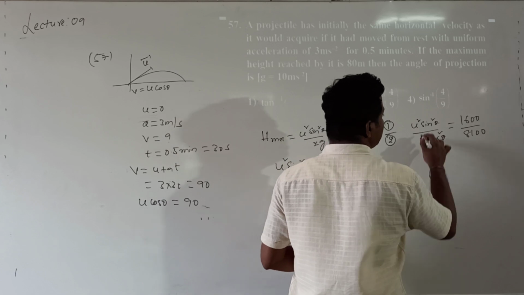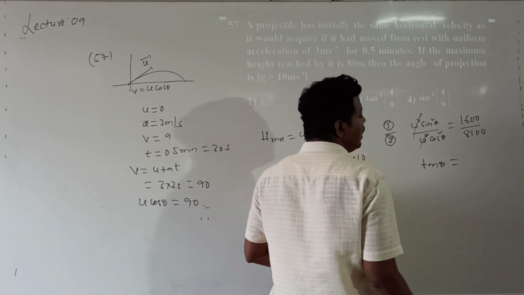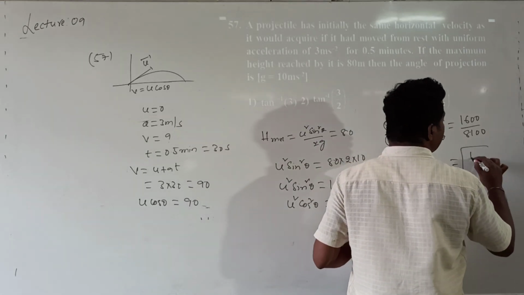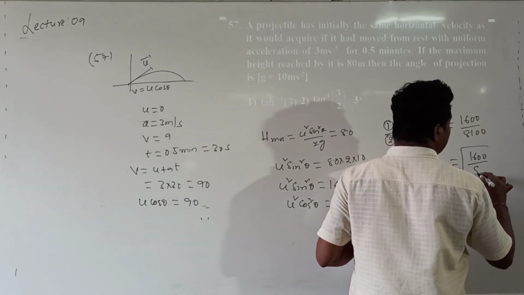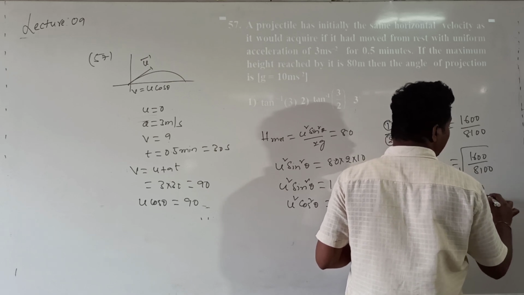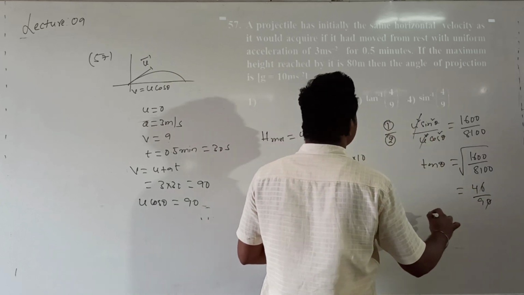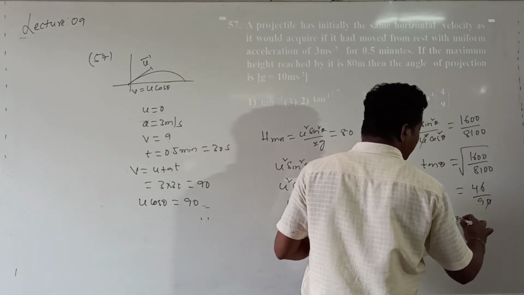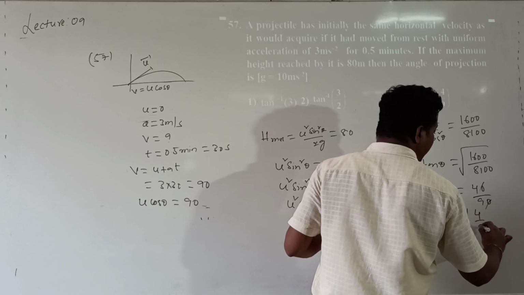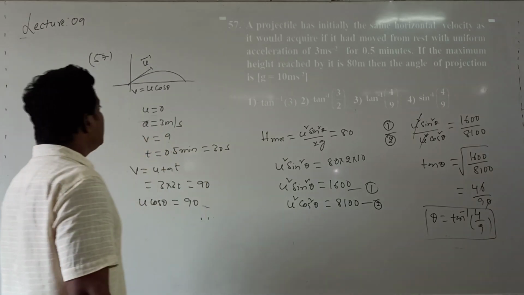Don't cancel 0. So u square cancel. Then tan square theta is equal to this much. Tan theta value is equal to root over 1600 divided by 8100. 1600 square root value is 40, divided by here we get 90. Now 0 cancel. So what is theta? Theta is equal to tan inverse of 4 by 9. So this is theta. Understood now? This is question number 57.